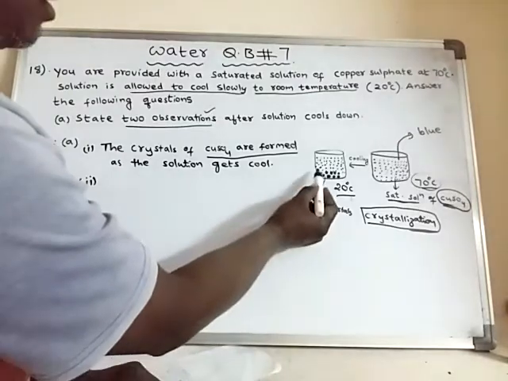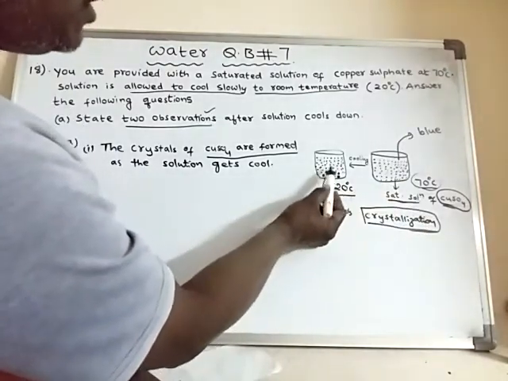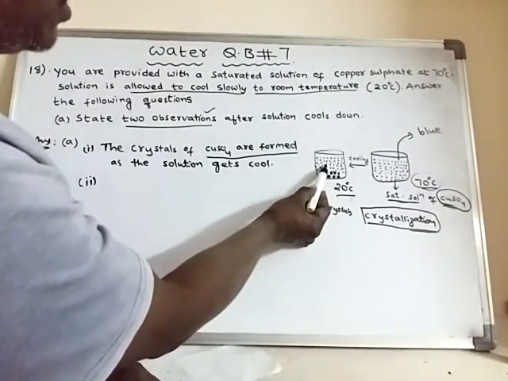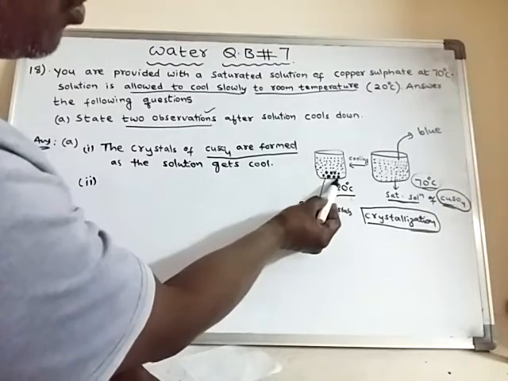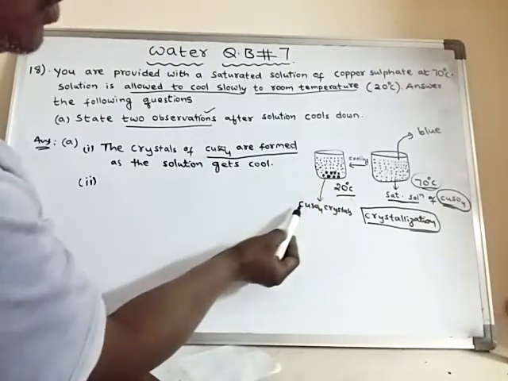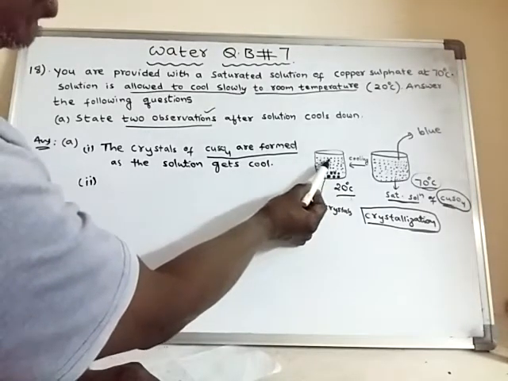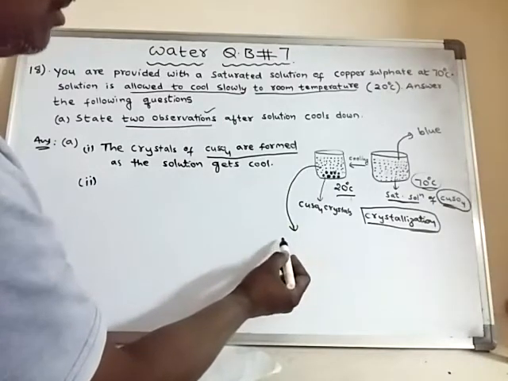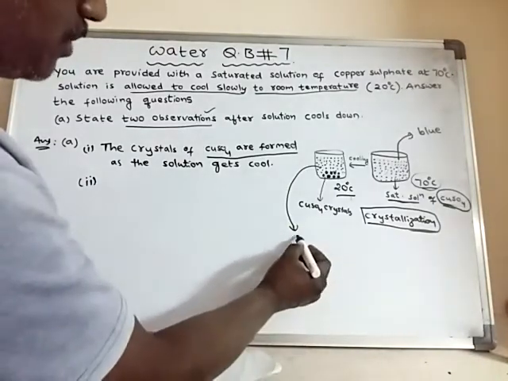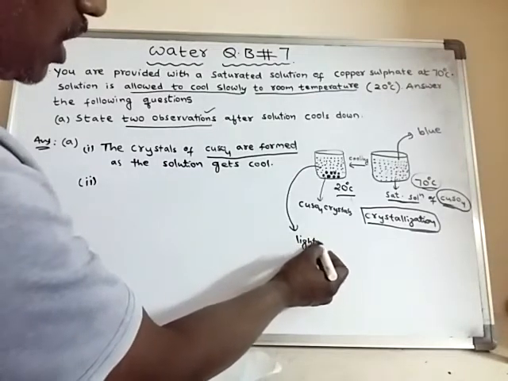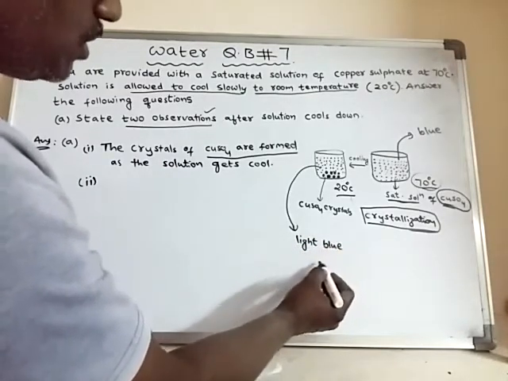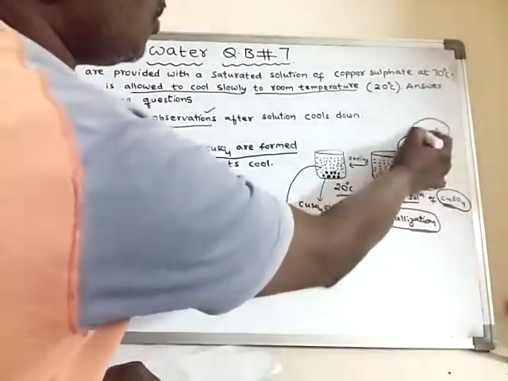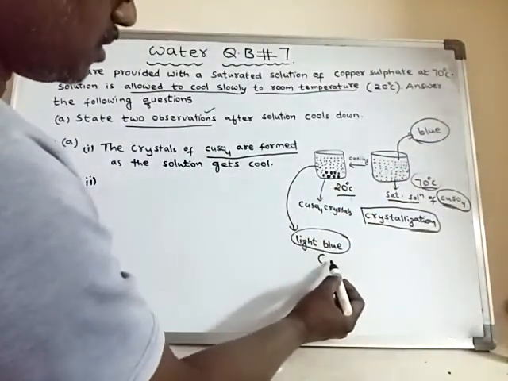But here, some of the copper sulfate is removed from the solution, because it is not in the solution now, it is settled at the bottom. Hence the color of the solution fades. It has become light blue. Light blue means faded color. From blue color to light blue we got, that means fading of color.